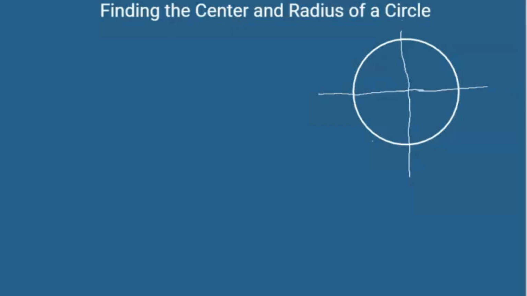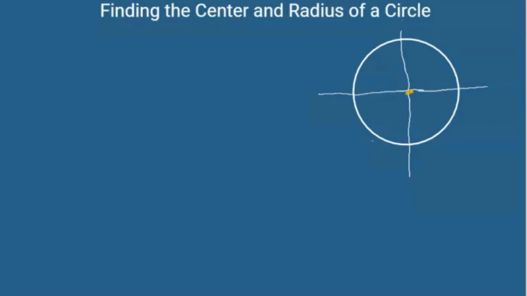So let's define what a circle is. It is the set of points (x, y) which are a fixed distance r, the radius, away from a fixed point which is the center.